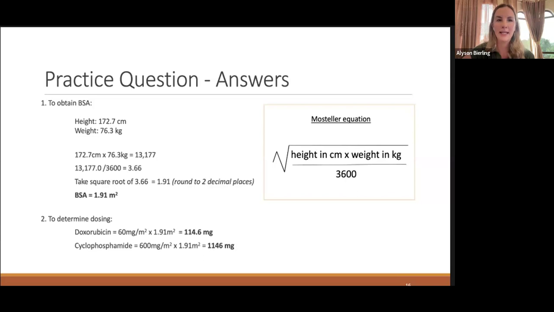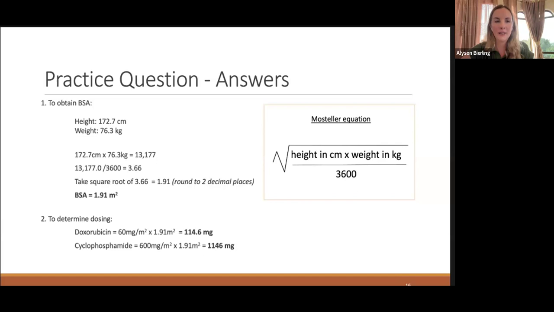Does anybody have any questions about these calculations? Sometimes these can take some practice. These are the only practice questions I have incorporated into the lecture today, but if you would like some more practice questions, I'm happy to send those your way with an answer sheet as well.